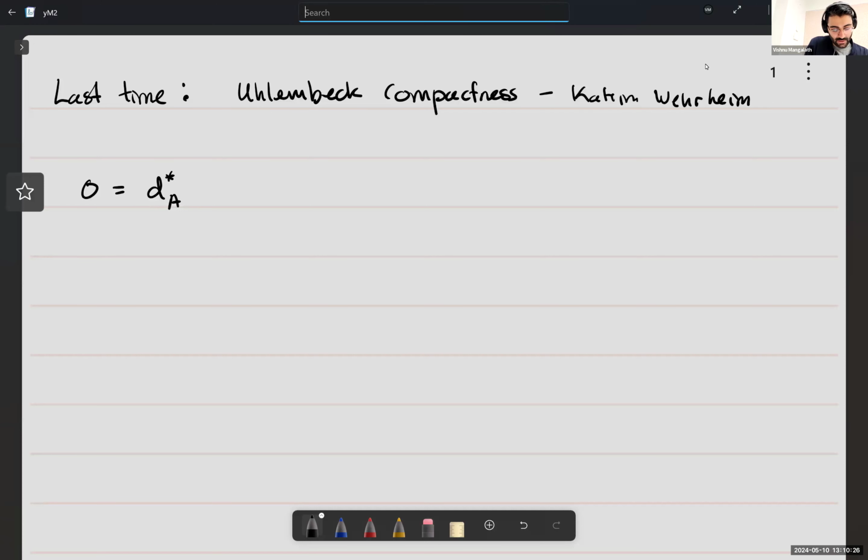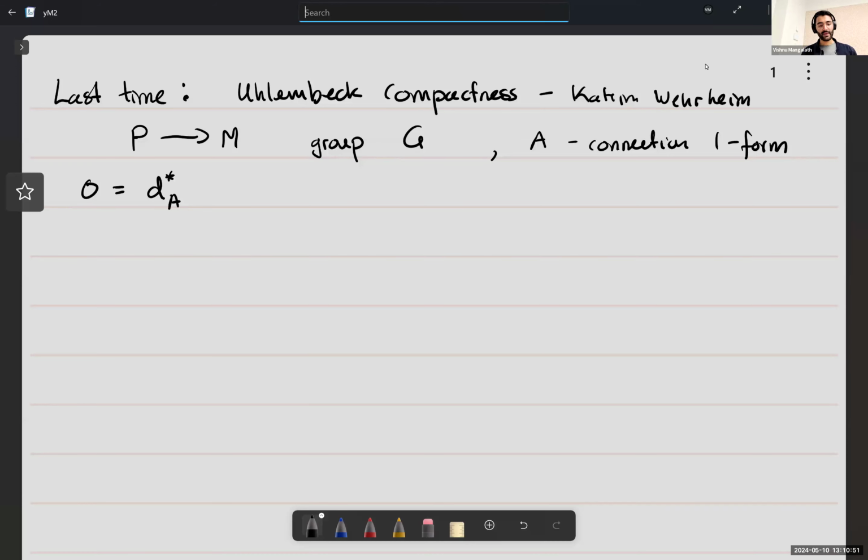So when we have a manifold M, or we have a principal bundle P on M with group G and a connection one form A. Okay, and then associated to the connection one form, we had the curvature two form, which was the exterior derivative of the connection one form.